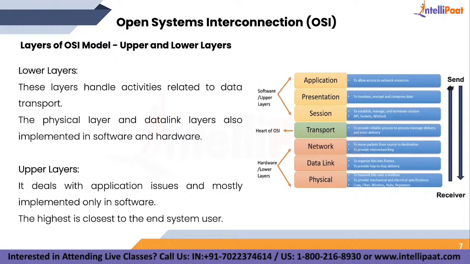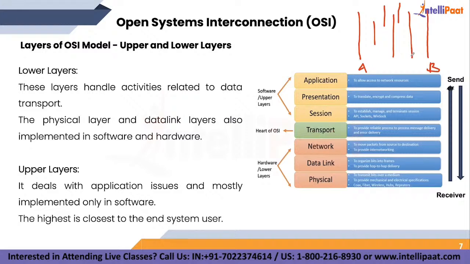And the network layer moves the packet from source to destination, so it provides internetworking between two endpoints. Whenever a communication takes place between A and B, it would be defined by whether multiple hops are there. These hops, like what you have seen in traceroute, those hops.